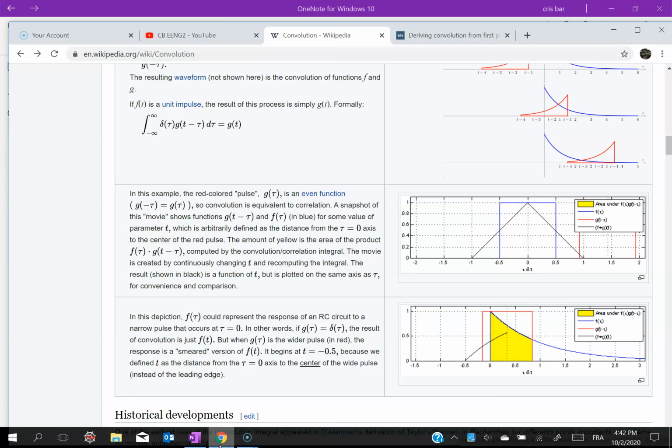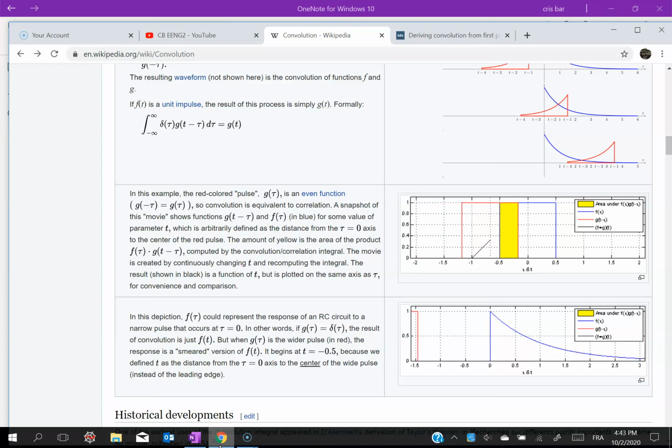You have another one, the red one. As the red one moves along the real line, at some point it crosses the blue one, and you get an area, the yellow area, which is defined as the area under the product of the two functions.